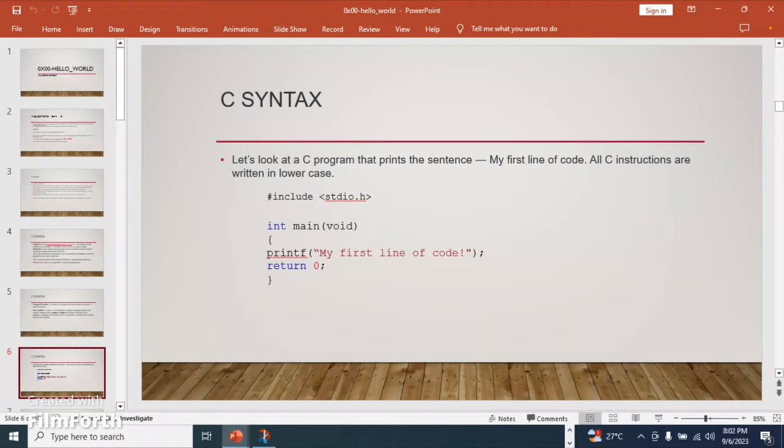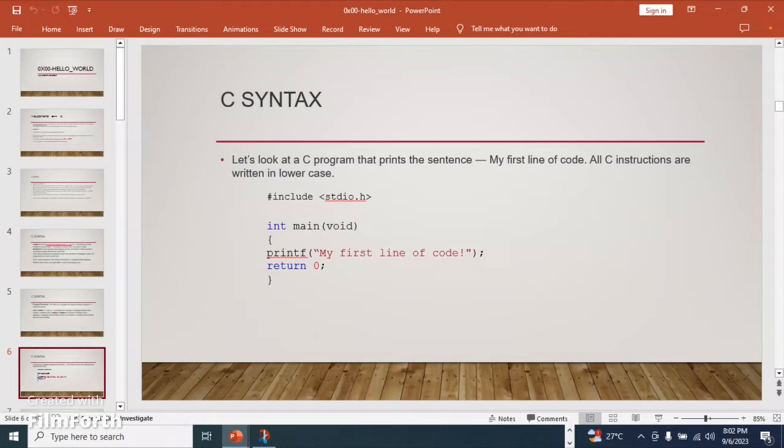This second line, int main void, is the main function. The main function is an ally, is a friend, is a colleague of the operating system. If there is no main function in your program, it's not going to run. The operating system will start shouting with error and start bombarding you with error messages.